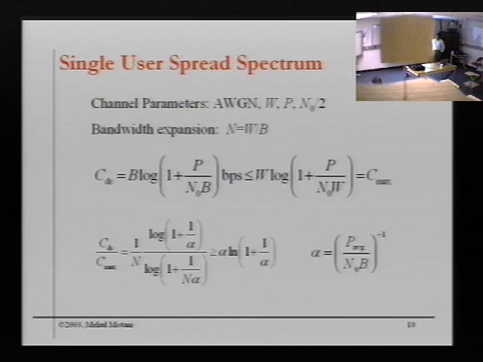So as I increase B, I increase alpha. All right. So what does this tell me? This tells me that if alpha, in this equation, is greater than or equal to 4, this ratio is greater than or equal to 0.9, which means that no matter how much I spread, as long as my Shannon bandwidth is large enough, I don't lose much in capacity. Meaning, the capacity lost due to spreading is not so much.